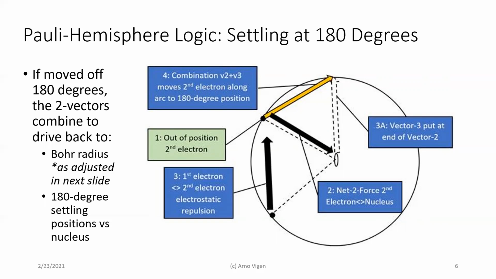Now, I've translated that vector to the hashed arrow. So the combination of those two becomes pushing that electron along the circle outside the Bohr radius towards that 180-degree position. So just like my first graph about the natural dynamics of settling at the Bohr radius, here you have when multi-particle pairs, there's a natural settling process at 180 degrees.